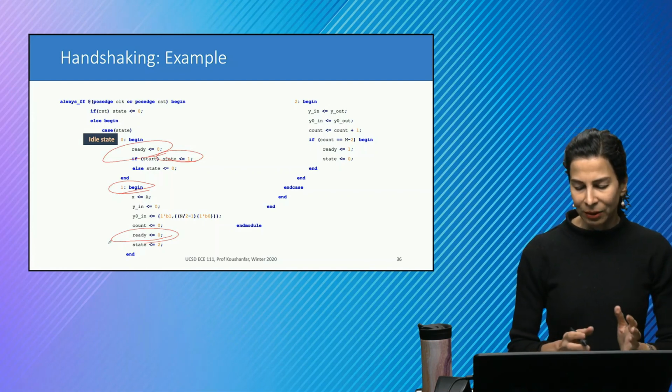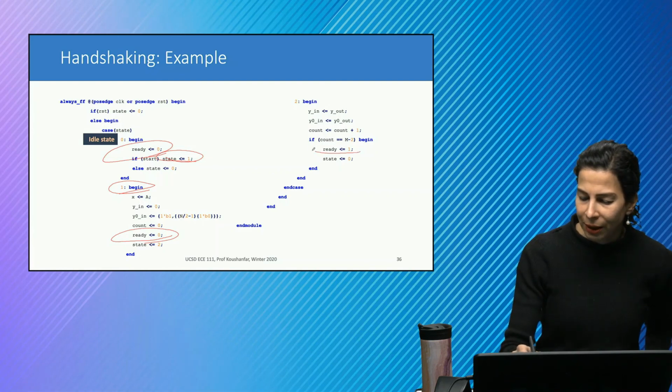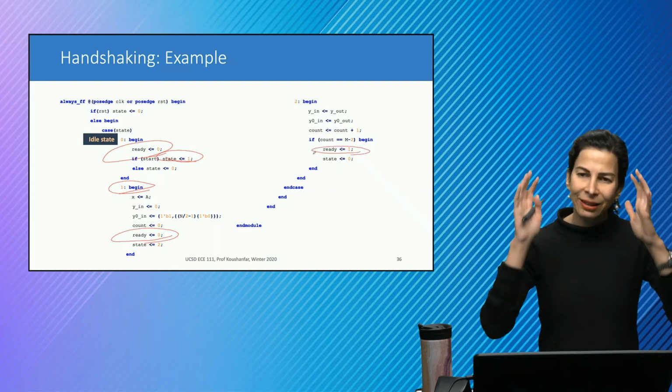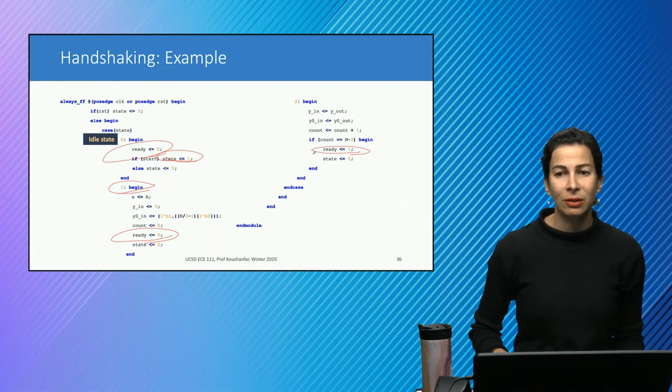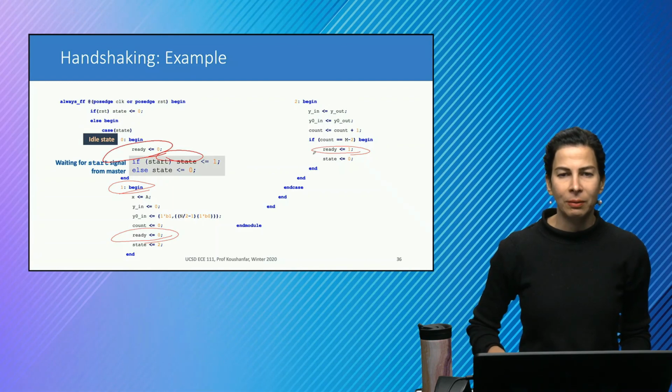And once this value is computed, then it's going to say that the ready is 1, and then it's going to go to the idle state again. Exactly like that chart that we were showing in the beginning of the lecture.